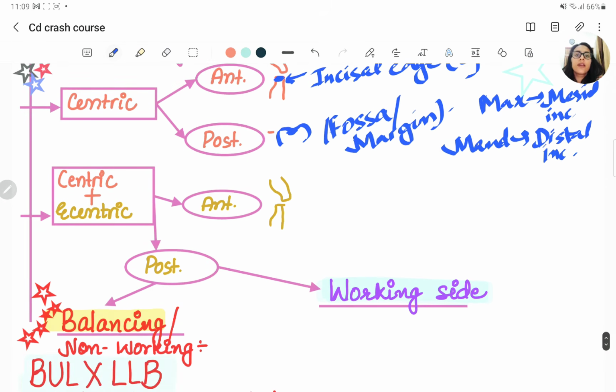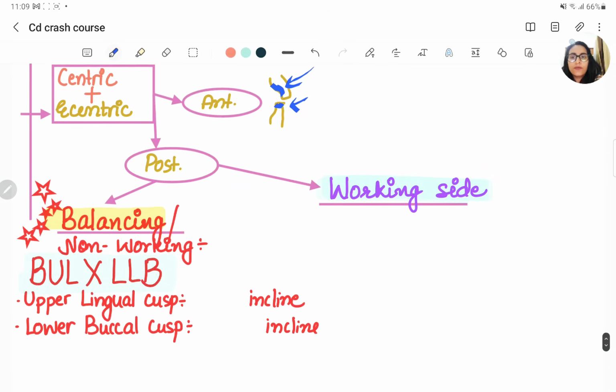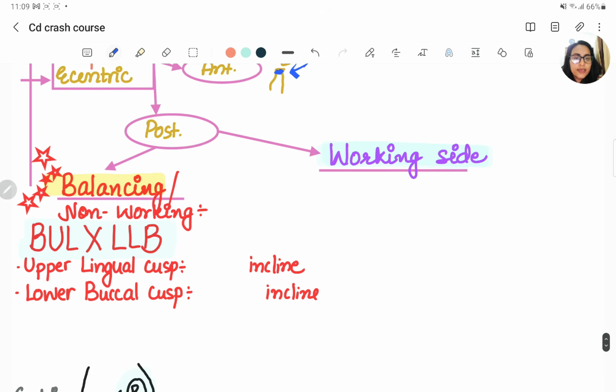If there is interference present in centric as well as eccentric or lateral movement, in the anterior we reduce the incisal edge of the lower as well as we deepen the lingual fossa of the upper. If the occlusal interferences are present in centric and eccentric in posterior, on the working side, we have Bull's law.